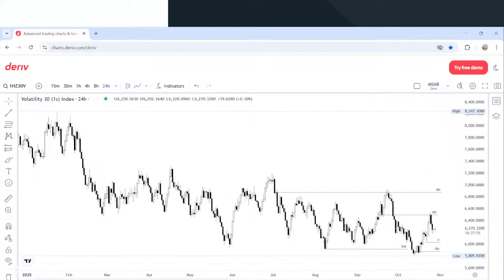V30S. V30S, this is what is happening right now. It's a downtrend. Yeah, as you can see, it's a downtrend. Break of structure. Now it's trying to pick up, and then there's this inner SPR, and we are waiting for this liquidity to be cleared.